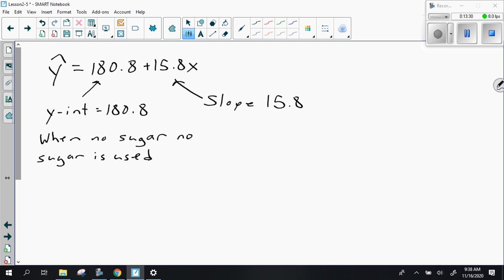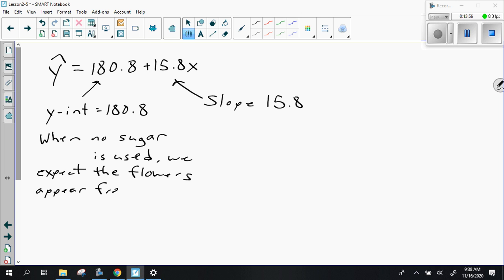So when no sugar is used, we expect the flowers to appear fresh. For how long? It looks like for 180.8, and our units are hours. So there we go. That one is in context.